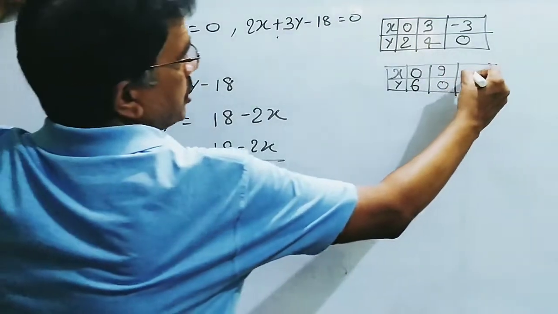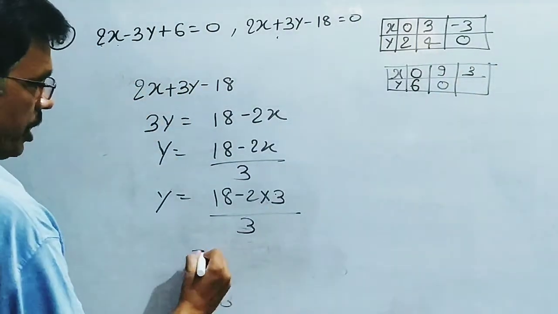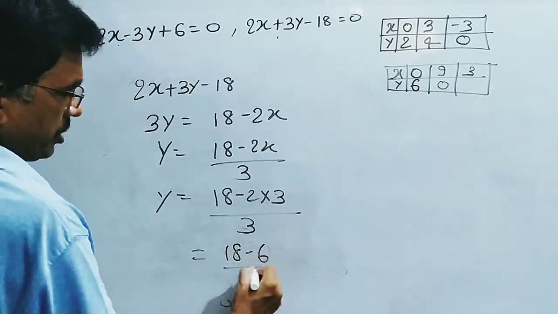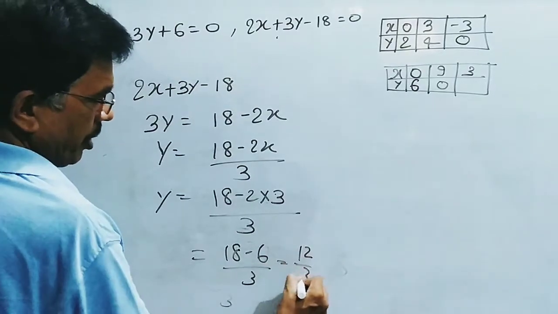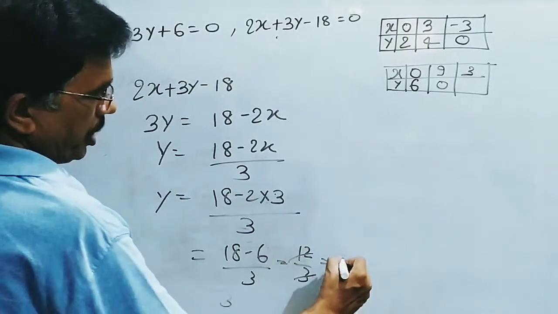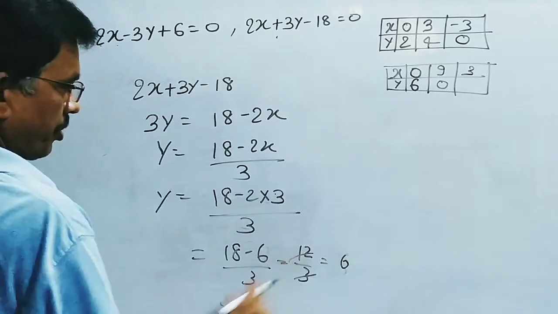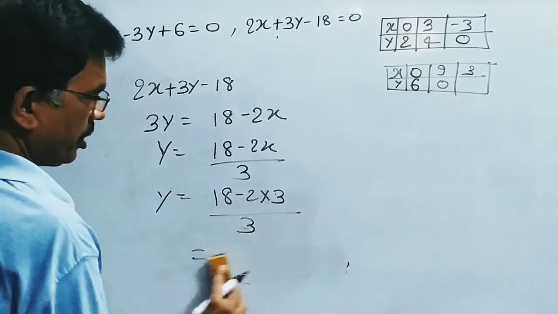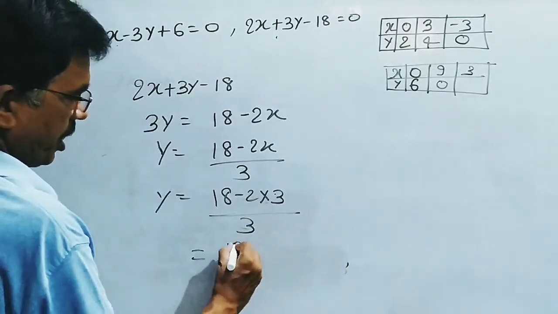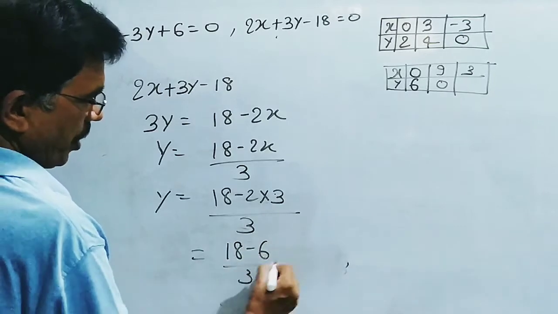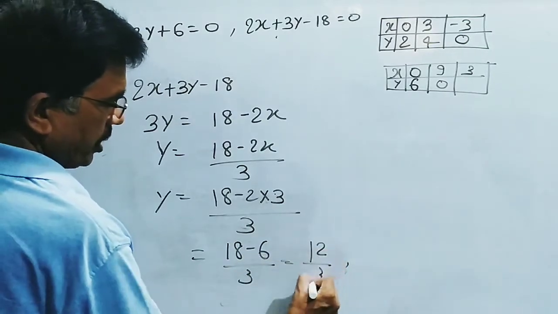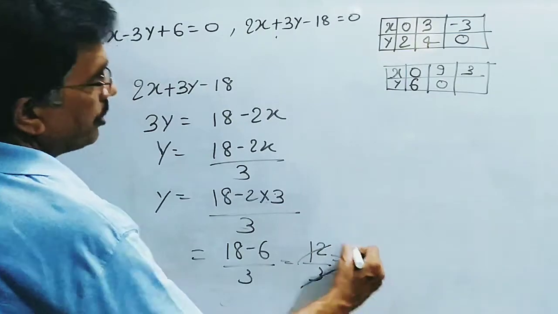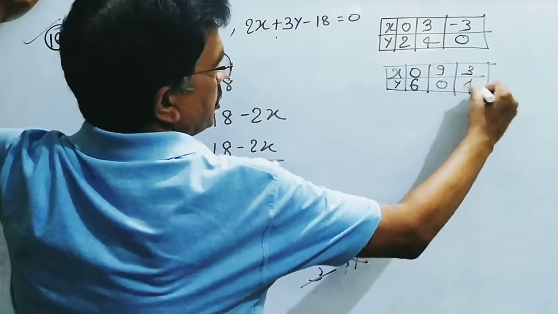What is it here? 18 minus 6 by 3, that is 12 by 3. Hence you get 4. So here x is 3, then y is 4.